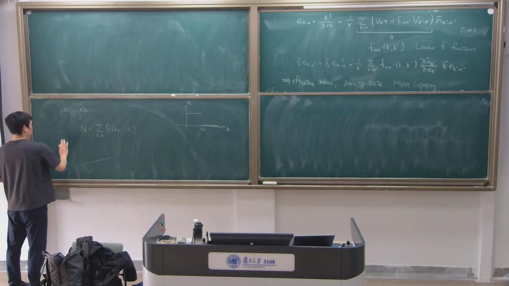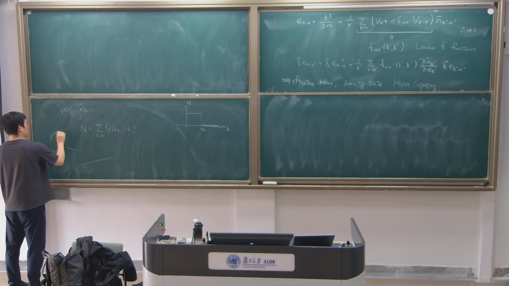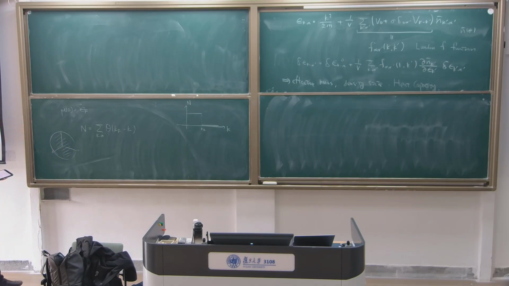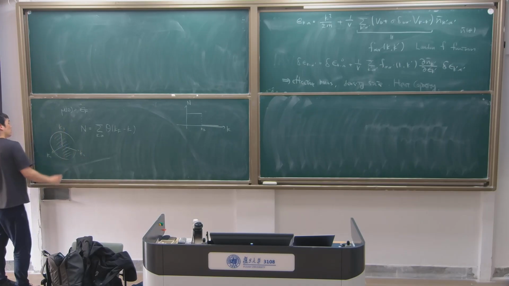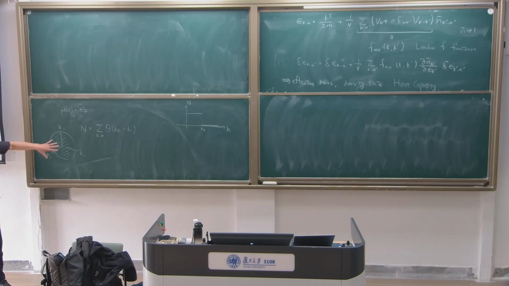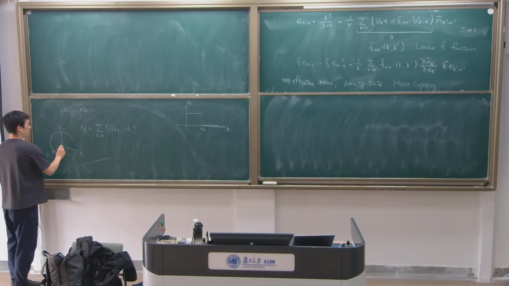And then, of course, in momentum space, the states k are filled in a ball with radius k_F, minus k_F.